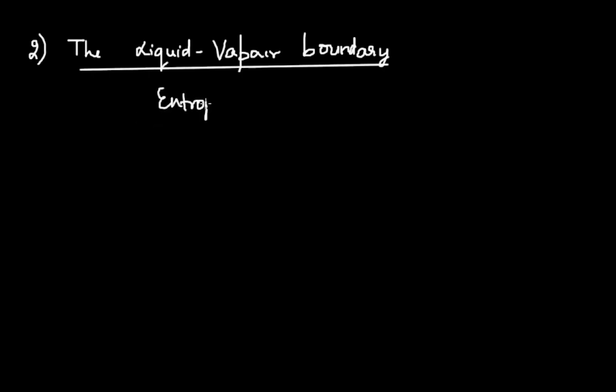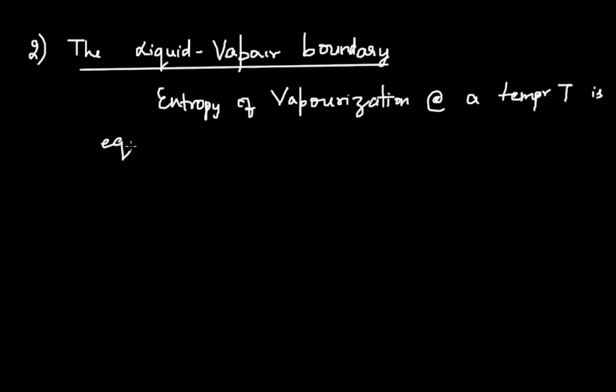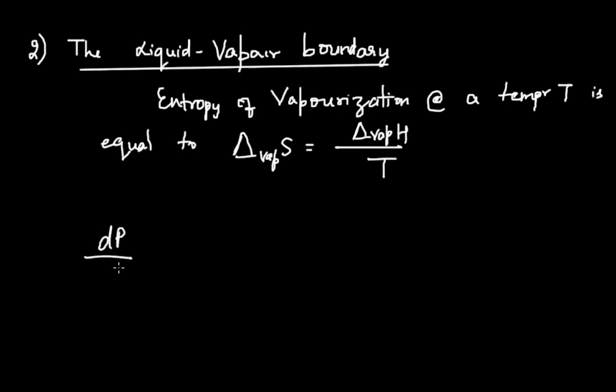So the entropy of vaporization at a temperature T is equal to vaporization enthalpy over T, and therefore your dP by dT, which is transition S by transition volume, is given by vaporization enthalpy over temperature times vaporization volume.